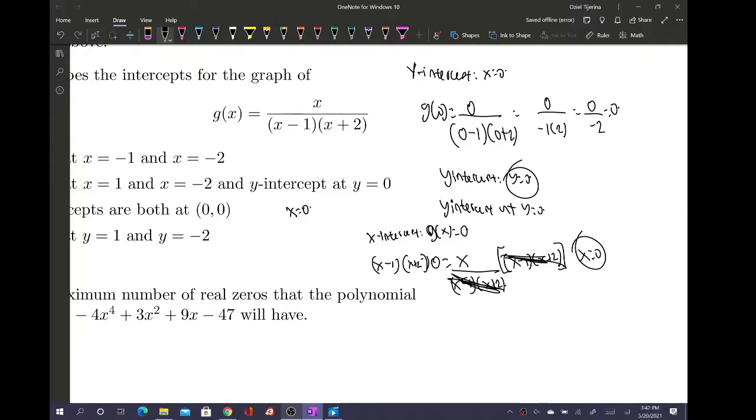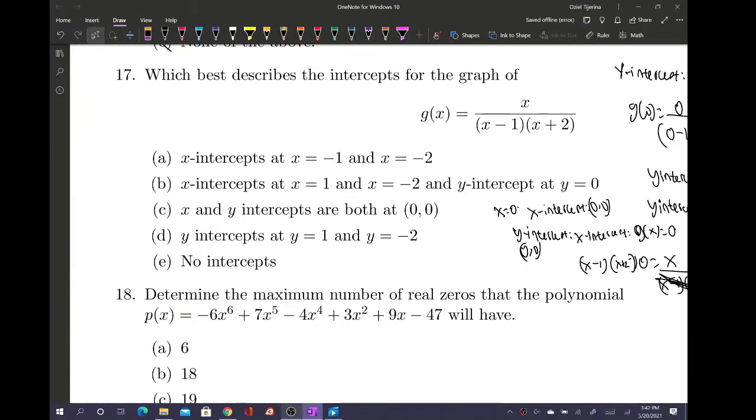So rather your x-intercept would just be 0, 0. And your y-intercept would be 0, 0. So they would both be 0, 0. C.